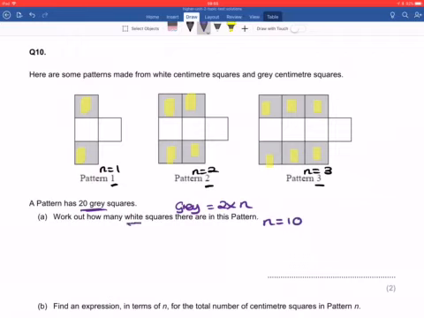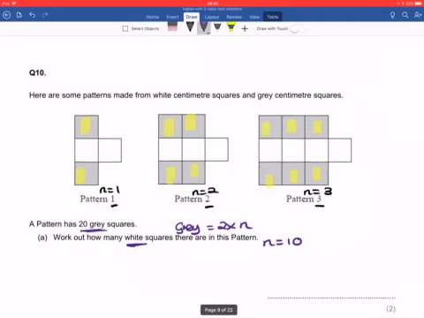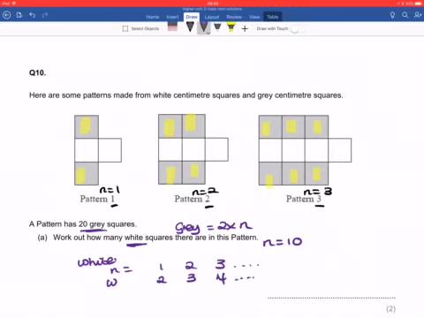Right, work out how many white squares in the pattern. Looking at the pattern for the white squares, I've got 2 when n equals 1. I've got 3 when n equals 2. So white, when n equals 1, 2, 3, I've got white as 2, 3 and 4. So it must be the pattern number plus 1.